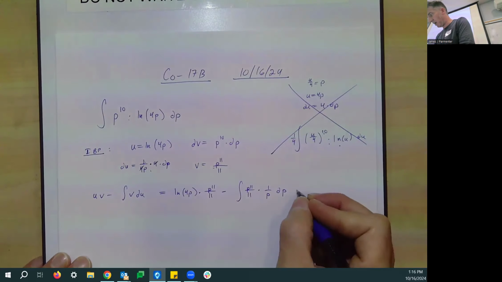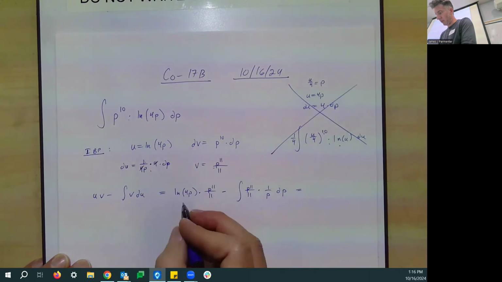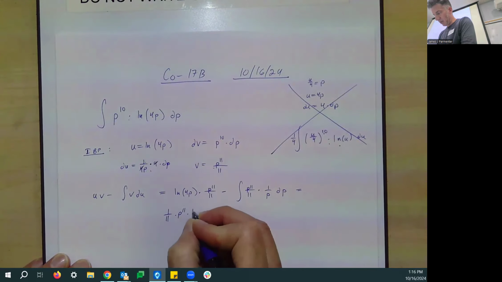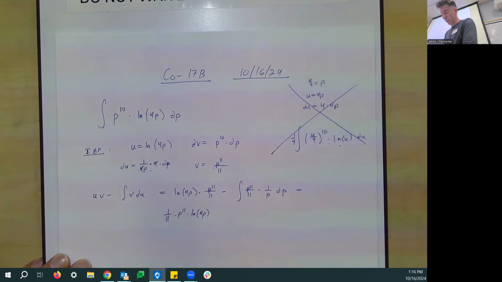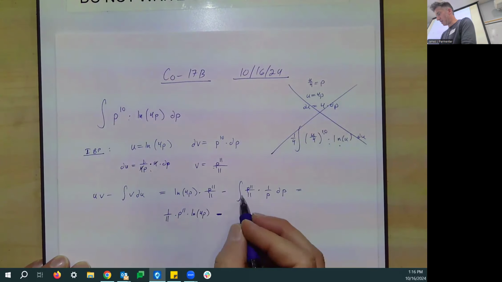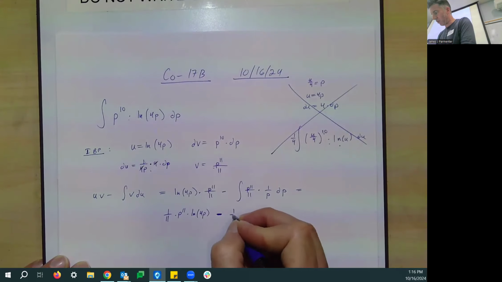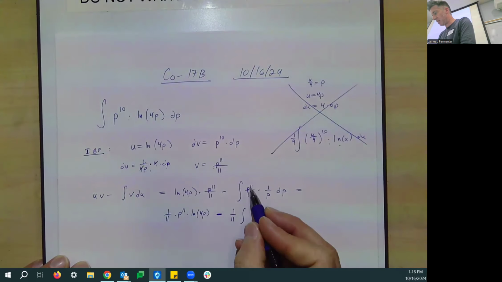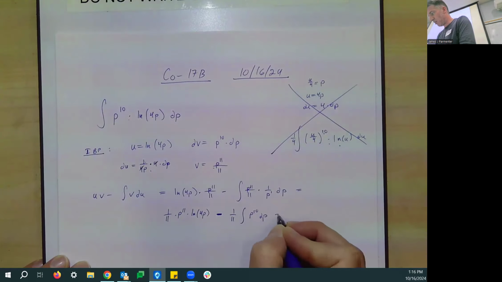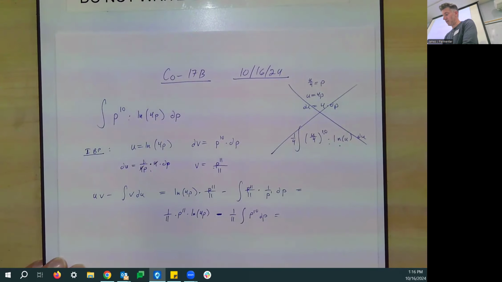So we're going to simplify. I'm going to rewrite this as 1 over 11 times p to the 11th times the natural log of 4p, just because I like writing the natural log last, minus, I'm going to simplify this a tiny bit. It's going to be 1 over 11 out in front. And then p to the 11th divided by p to the first is p to the 10th. We probably could have skipped writing it and just done the anti-differentiation.